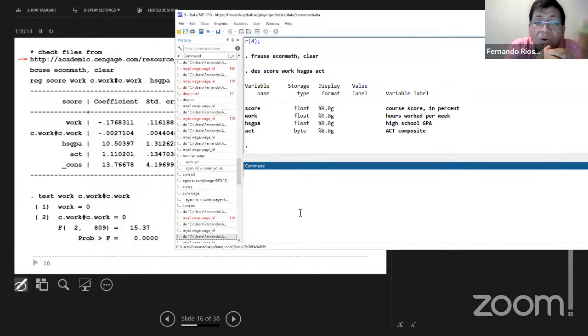So on average, what is the performance of a student as a function of how many hours that person worked per week. So how much time he was working on a paid job, which was related to how much less time he has to study, and what was his performance during high school based on his GPA or based on the ACT, as a, well, he says a composite. I'm guessing this is going to be a dummy that says 1 if he passes ACT or not.